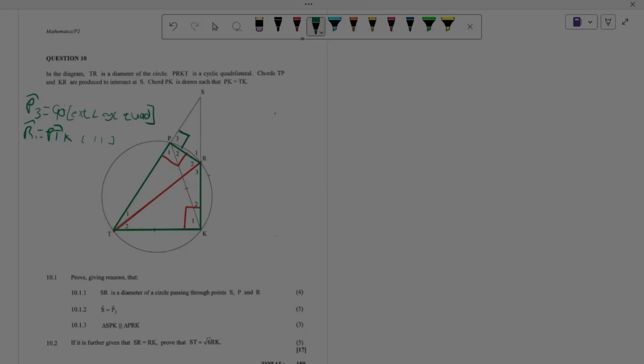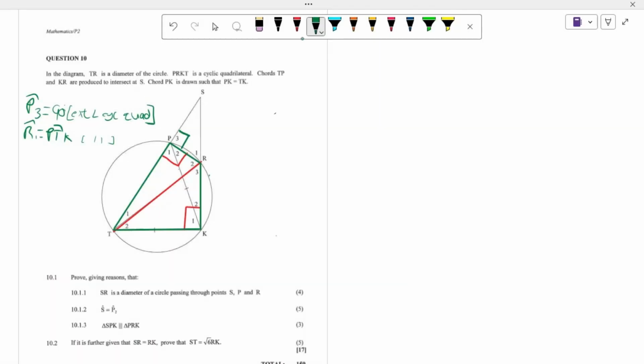So they say chords TP and KR. Here's my TP, here's my KR, are produced to intersect at S. Whenever they tell us about produced, that means it's a straight line, and with a straight line you can have angles on a straight line.